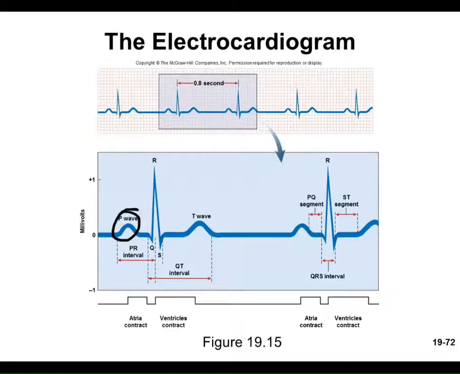So then what does this time represent? That pretty much represents the time during which the ventricles are now in a sustained contraction, again because of that plateau of the action potential. And then the T wave represents the repolarization and therefore the relaxation of the ventricles. And what does this time in between here represent?